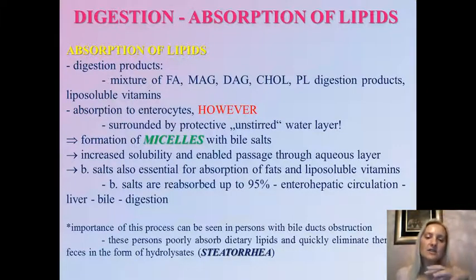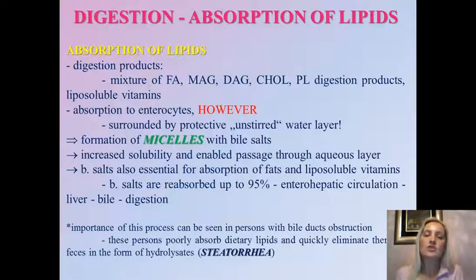Enterocytes are actually surrounded by a protective so-called unstirred water layer. So it is an aqueous medium surrounding enterocytes, and actually it protects enterocytes from the action of digestive enzymes.